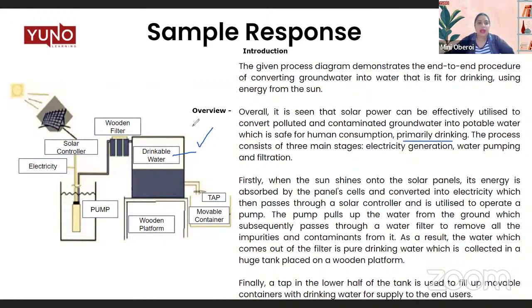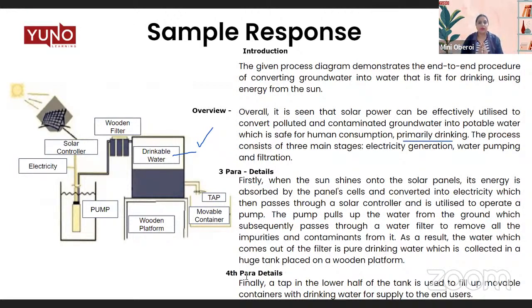After this, we come to the third paragraph, which can give us details for different steps. So the third para is for details on the steps, and the fourth para also for details on the steps, right?